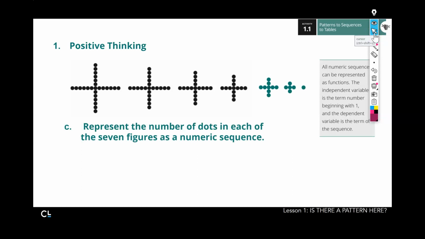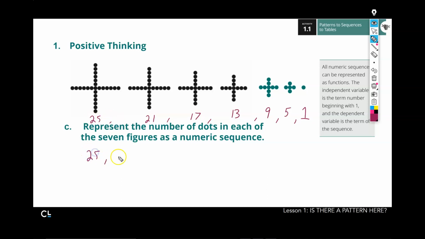Part C. Represent the figure of dots in each of the 7 figures as a numeric sequence. So, if we worked backwards, this was 1, this was 5, this was 9, this was 13, 17, 21, and 25.